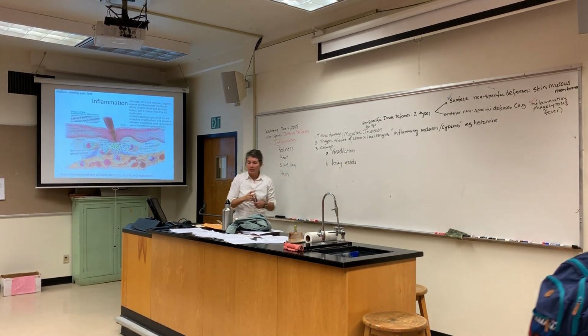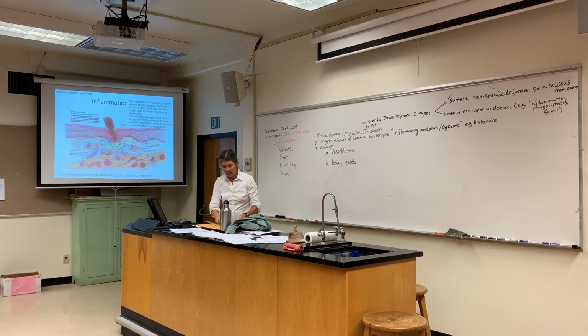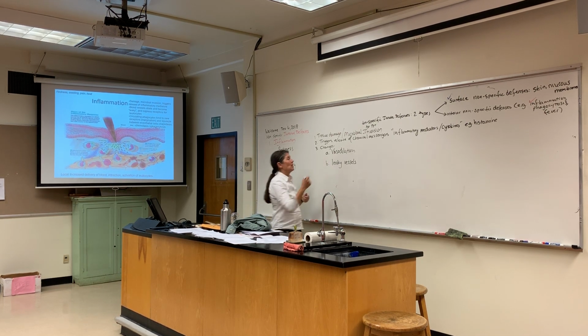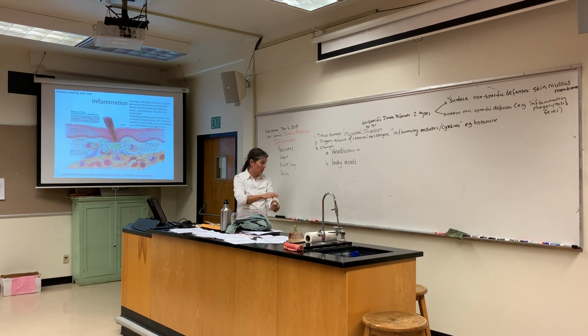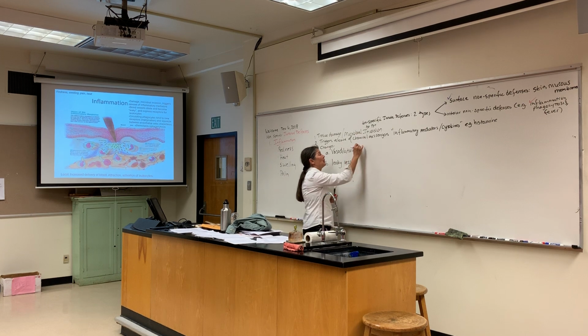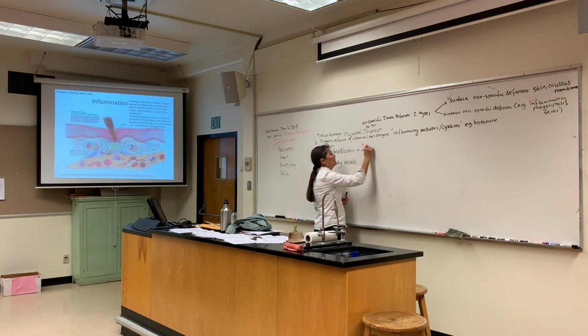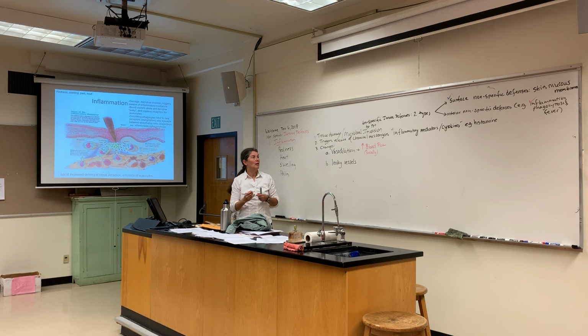So with vasodilation, if this is the normal diameter of our vessel, vasodilation means the diameter gets bigger. That's going to permit more blood to flow, right? So vasodilation means locally we're going to get increased blood flow. And I'm going to put locally here because we're going to compare this when we have systemic, wide inflammation. Okay, so locally.